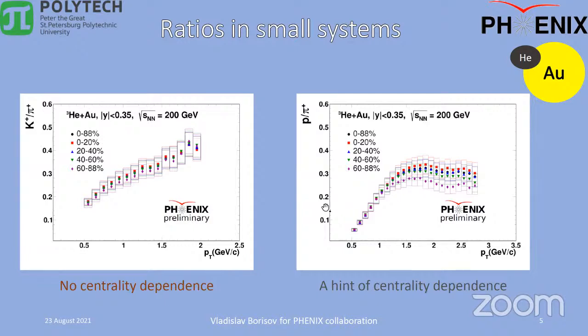That was explained in the frame of the recombination model of QGP hadronization. These effects will be discussed in Daria's talk. Actually, the proton to pi ratio shows a hint of centrality dependence, but it's insignificant within uncertainties. The behavior of the proton to pi ratio in helium-3+Au collisions is rather close to such ratio in proton-proton collisions.